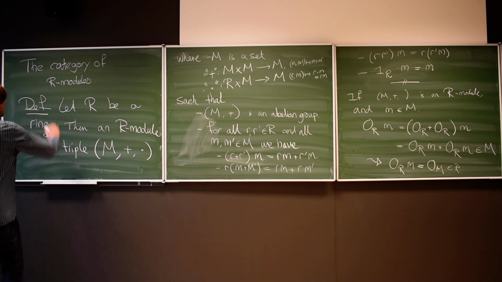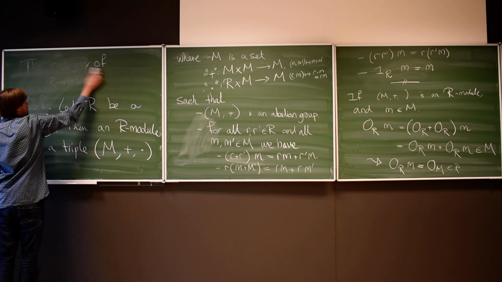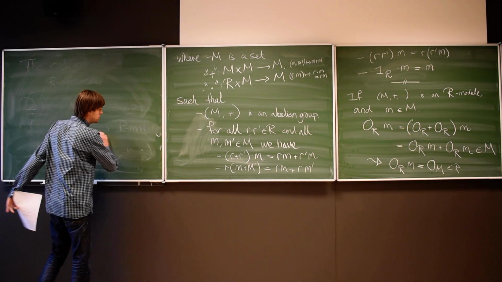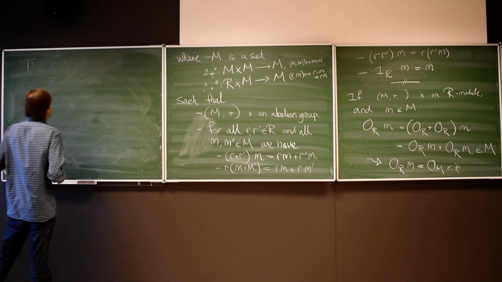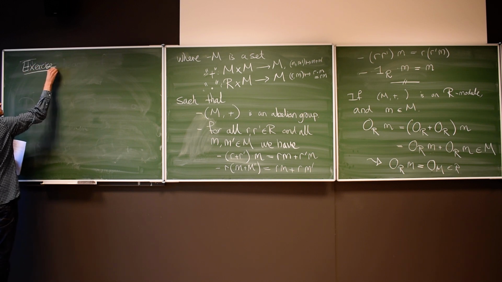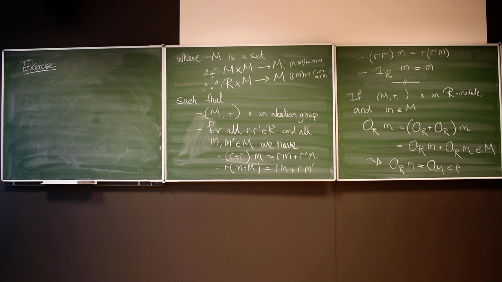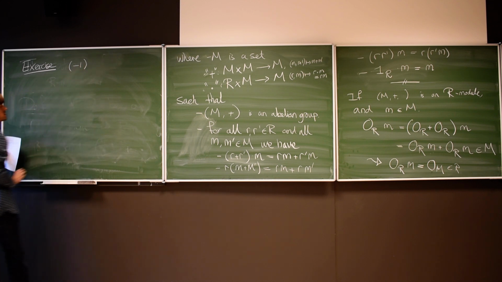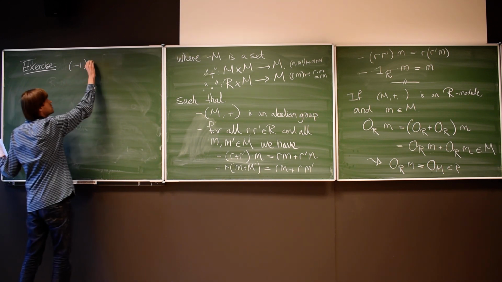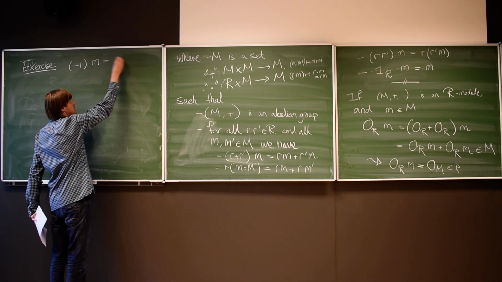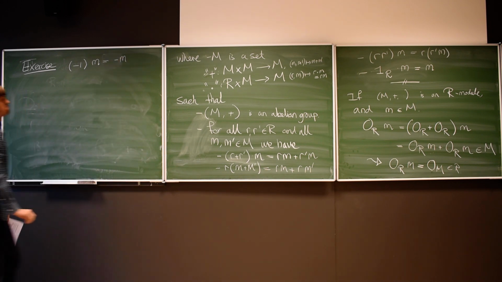Okay, so that's one basic property. And there's a second basic property, which you can prove by a similar direct argument. Leave it as an exercise. Again, if I have a module over a ring, and I take -1 as an element of R, a scalar, and multiply the element of my module with -1, then I get the inverse of my element in the abelian group.